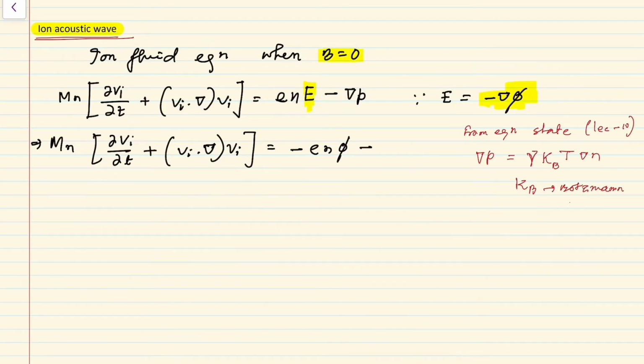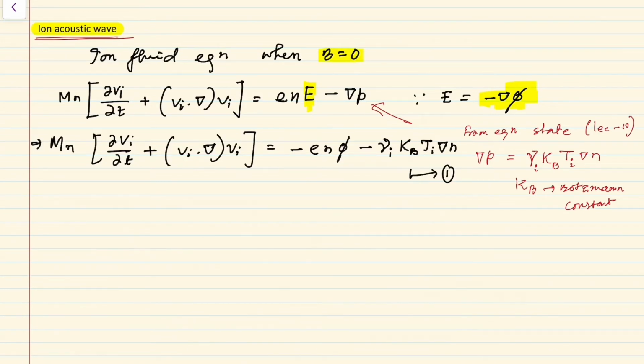If we use this relation here, instead of gamma we write gamma_i and T_i, the ion temperature, and we get gamma K_B T_i grad n. This is equation number 1.